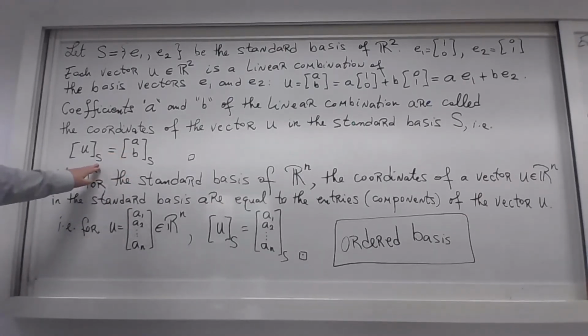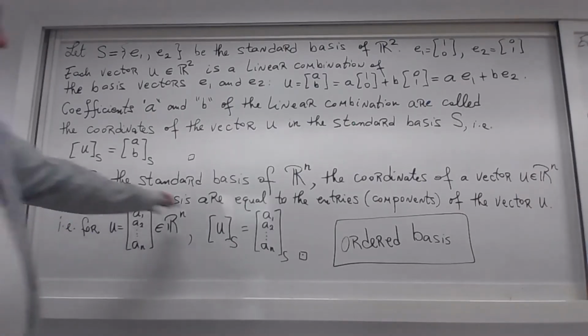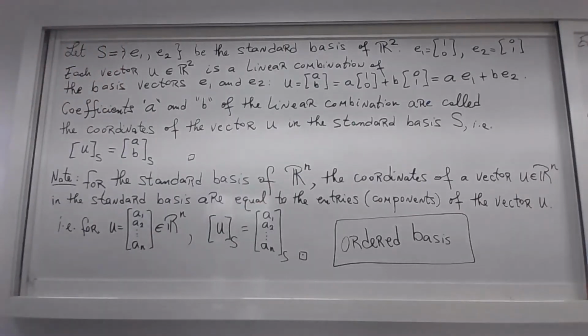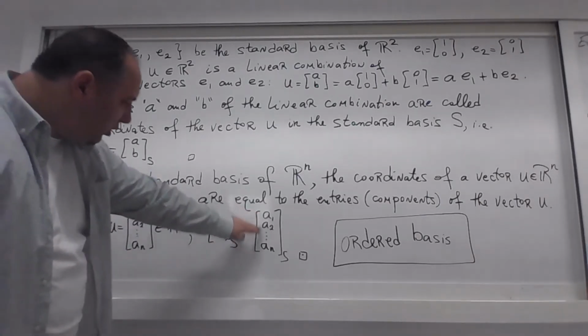And I keep writing S here. So you know this is the notation for coordinates in basis S. Obviously, for the standard basis of Rn, the coordinates of a vector in Rn are actually the components of the vector. And that's the characteristic of the standard basis for Rn. We see an example with R2, obviously. So if I have a vector u in Rn with entries and components, its coordinates in the standard basis are actually just its components.